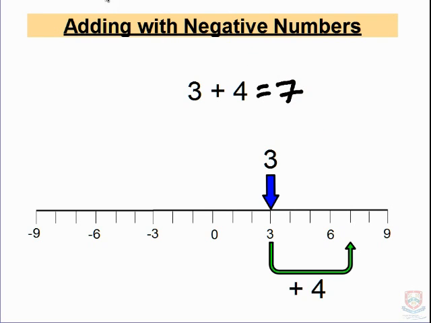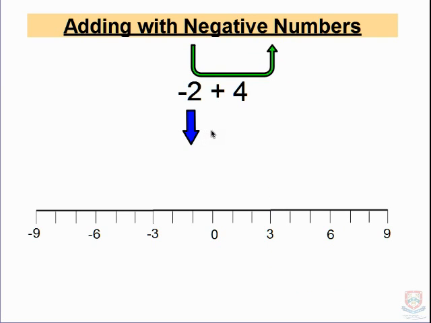It doesn't matter which order we put the numbers in, 4 plus 3 would do the same thing. So if we start with a negative number, a negative 2, again we'll use the number line to show what's actually happening. Negative 2 means it's 2 numbers below 0.